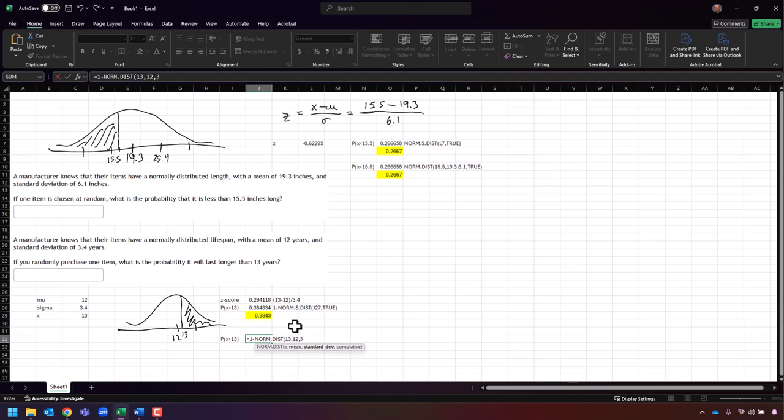My standard deviation, 3.4. And then true here, I'll kick out the same value. So what we're doing here is just adding a little bit to what we know. We're sort of building on prior knowledge, and then moving forward just some.